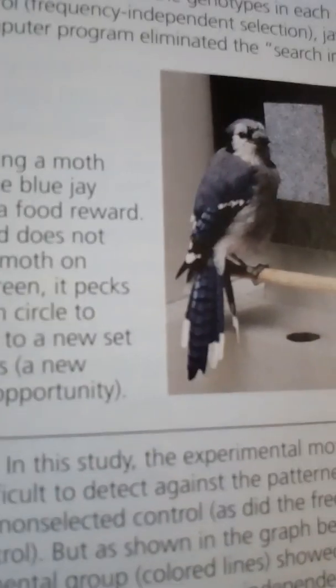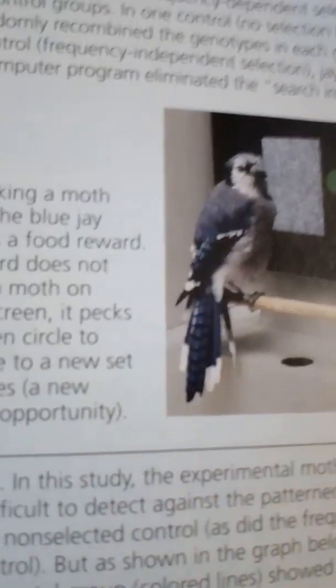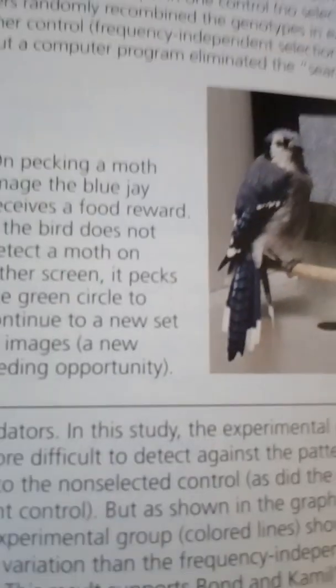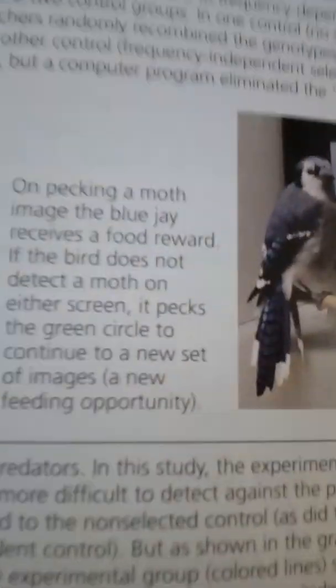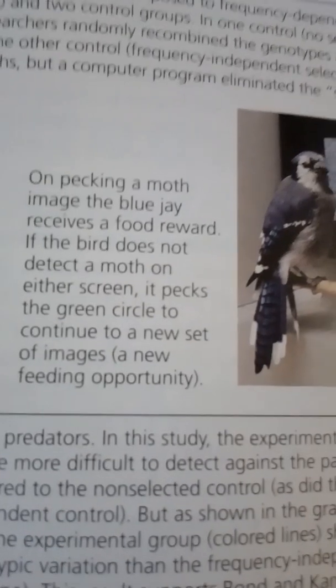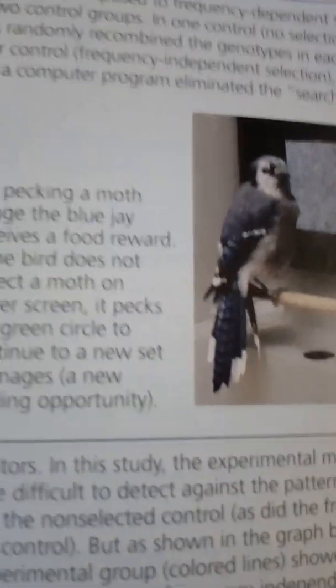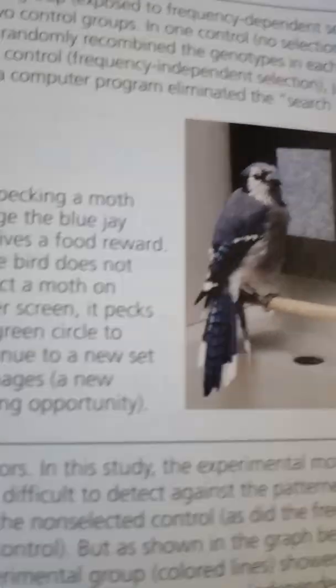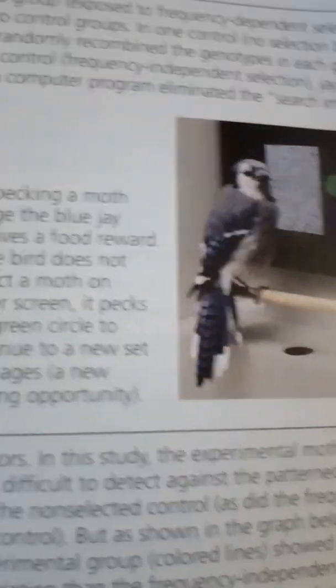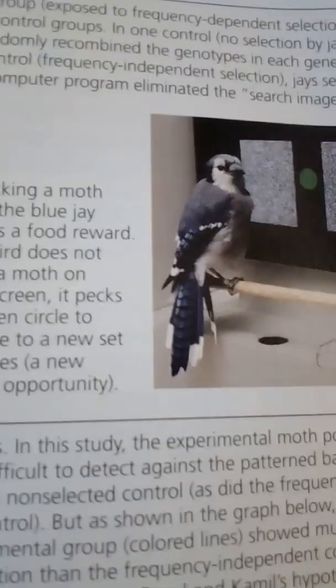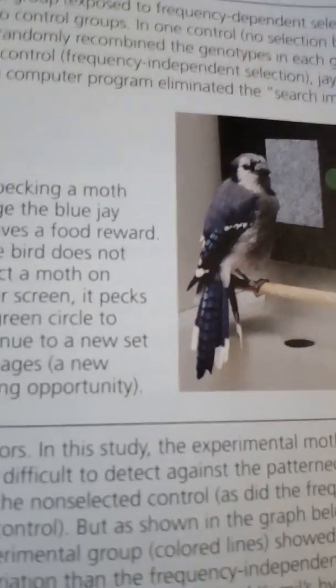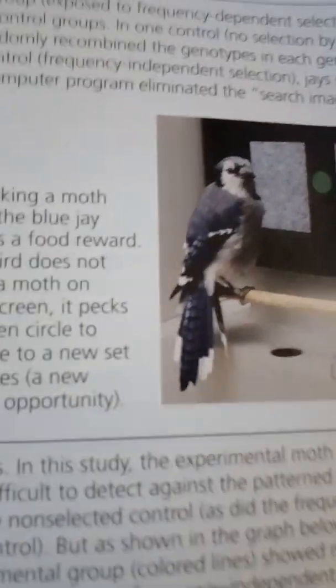This figure illustrates an experiment that simulates frequency-dependent selection in the wild, where blue jays look at and eat moths that sit motionless on tree trunks during the day. Captive jays can be trained to find virtual prey on a computer screen.